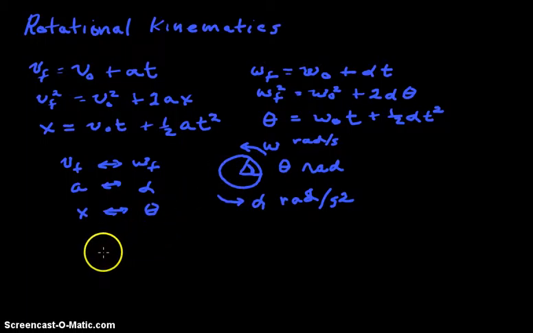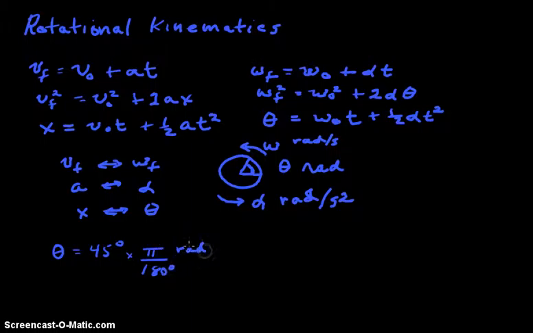So just some useful conversion factors. If you have theta equals 45 degrees, and you want to convert that to radians, there's pi radians per 180 degrees.